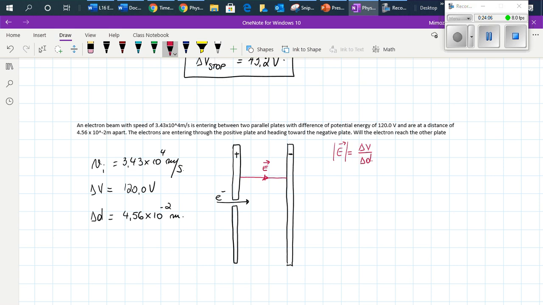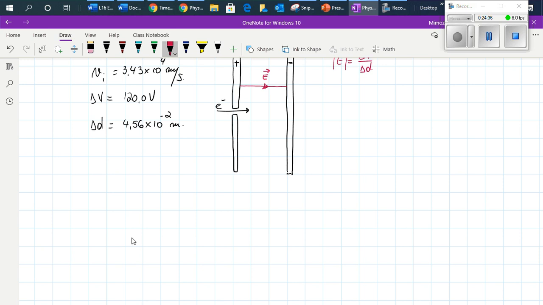So this ratio delta V over delta D is equal at each point in between the two parallel plates. Okay, so now let's see if the electron will make it toward the other plate.